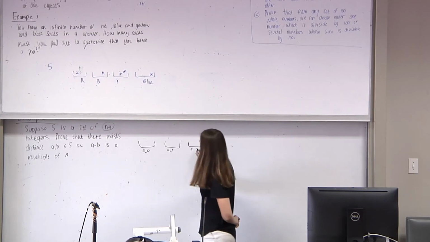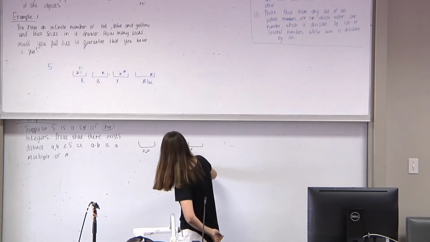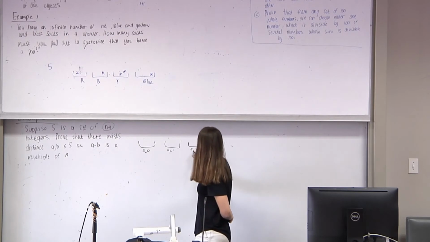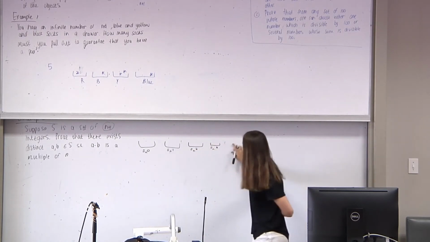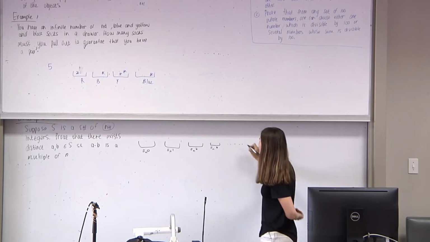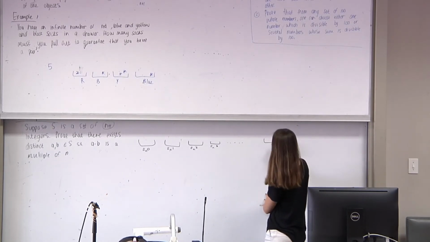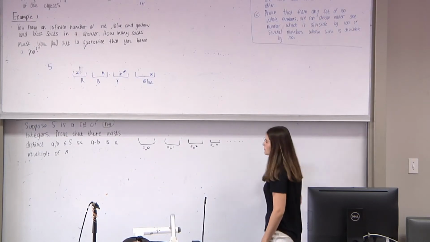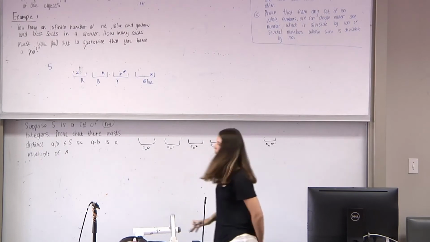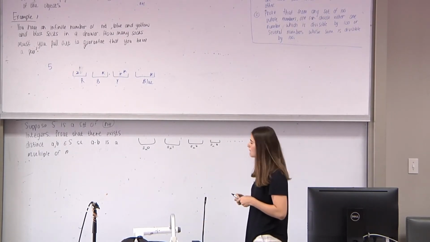This box is for 2 mod n. And so we're going to go on, and our last box is going to be congruent to n minus 1 mod n, right? Because n mod n is just 0 mod n, so it's the same box.